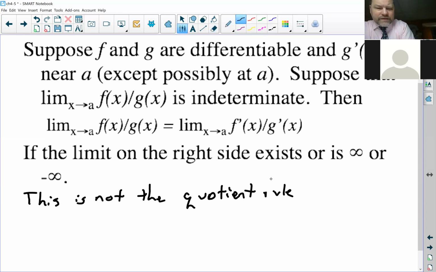So we're not taking the denominator times the derivative of the numerator minus the numerator times the derivative of the denominator. No, it's just what you wished the quotient rule would have been. Just take the derivative of the numerator, take the derivative of the denominator, and evaluate it.